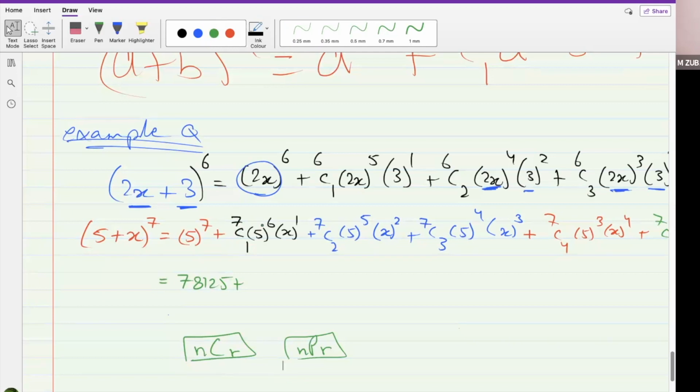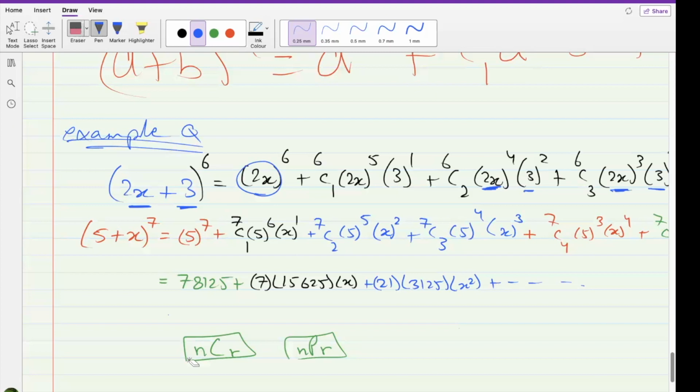So 7, then this button, and 1. 7C1 is 7. So I write 7 times 5 raised to power 6, which is 15625 times x. Then the next one, that is 7C2. 7C2 is 21 times 5 power 5, which is 3125 times x square, and so on.